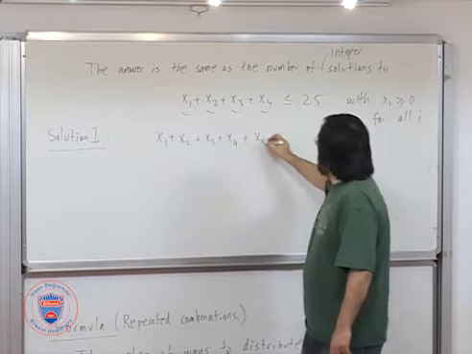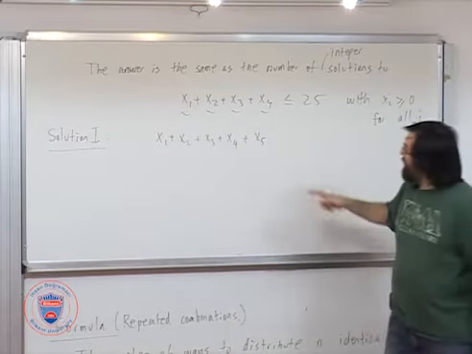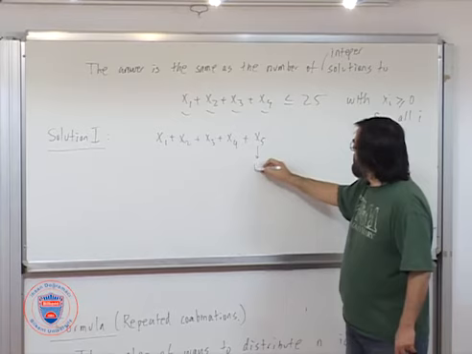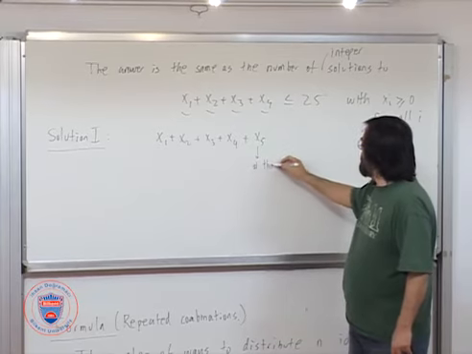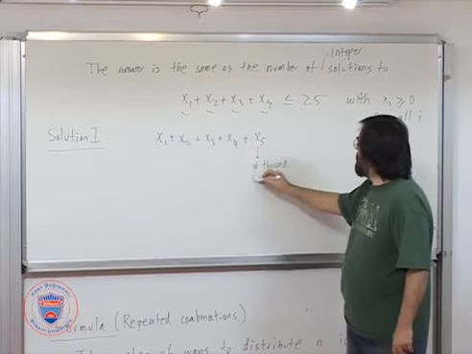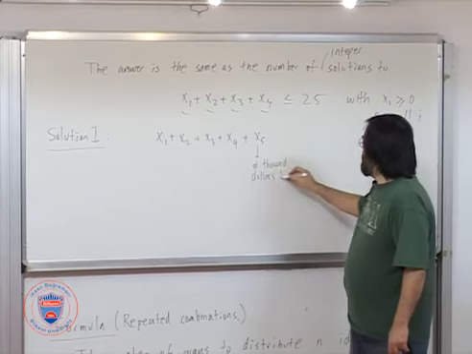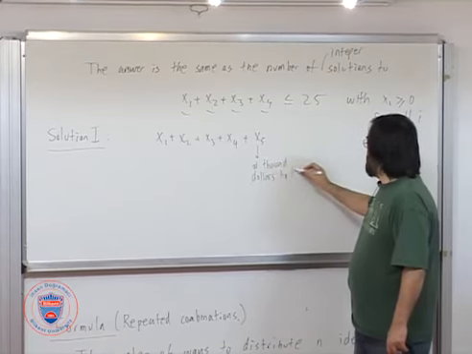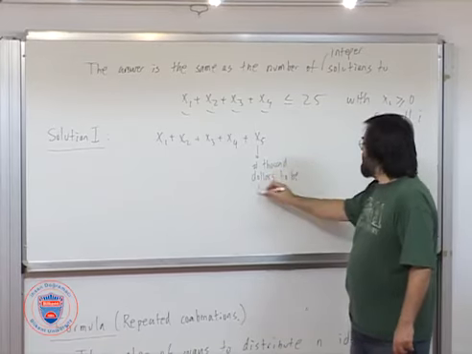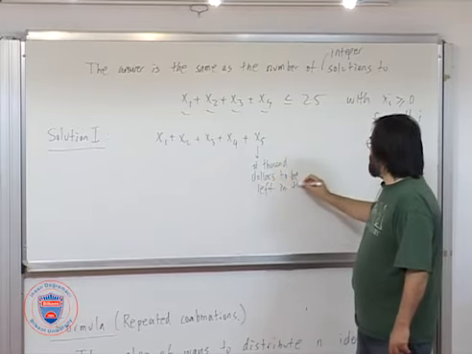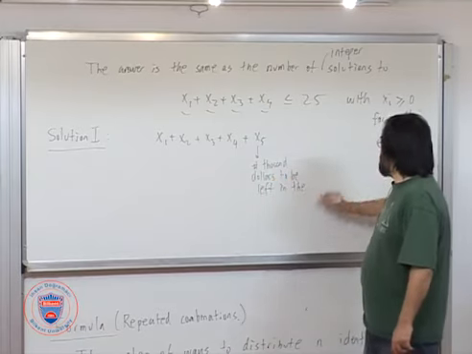Suppose we keep another dummy variable, x5, and this is the number of $1,000 to be left in the account, so not invested in anything.